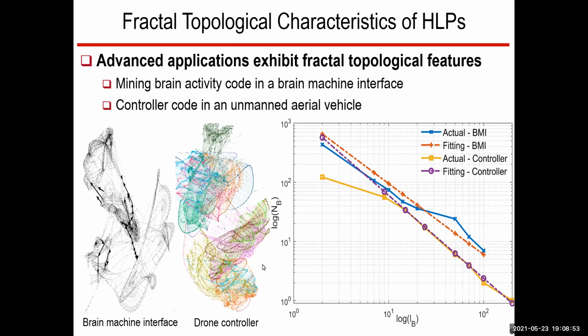If we take a look at this drone controller, this portion can represent a mesh topology, and this one has a star structure in it, or this one. We can also measure the fractal dimension using the plot on the right hand side.